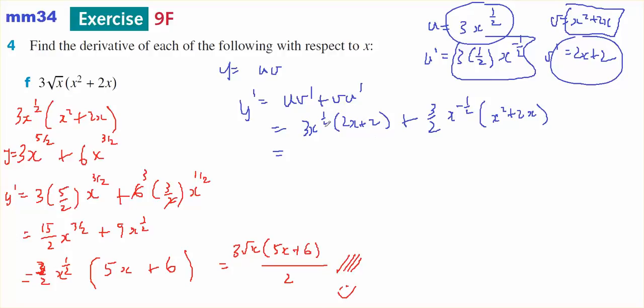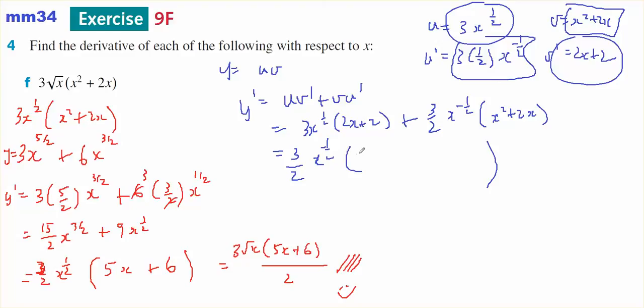So I'm going to take out the 3 and I'm going to take out the 2 and I'm going to take out x to the negative a half. And that's going to leave me with the 3's gone.